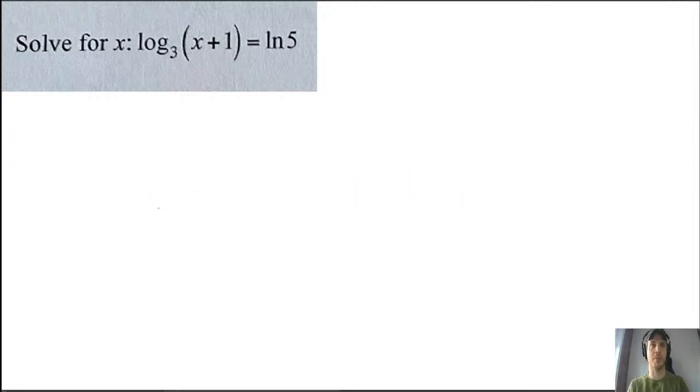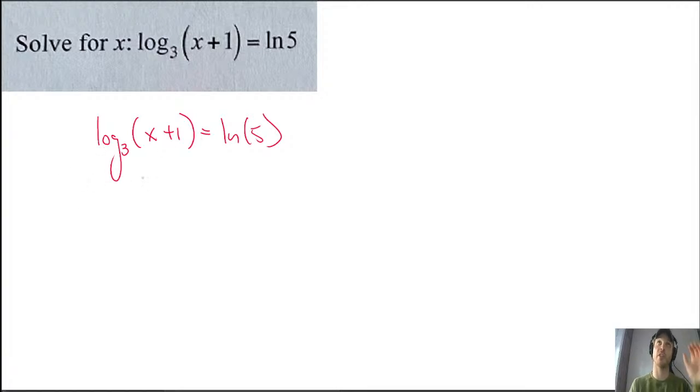And I'll run problem 2 unless you don't want me to, so I'll just do this really quickly. If anyone needs it, just go back to the other video which I posted right before this. Okay, so we want to cancel log base 3 to get this out of our argument here. The way I do that is I raise each side to the exponent of 3 as the base, if that makes sense.